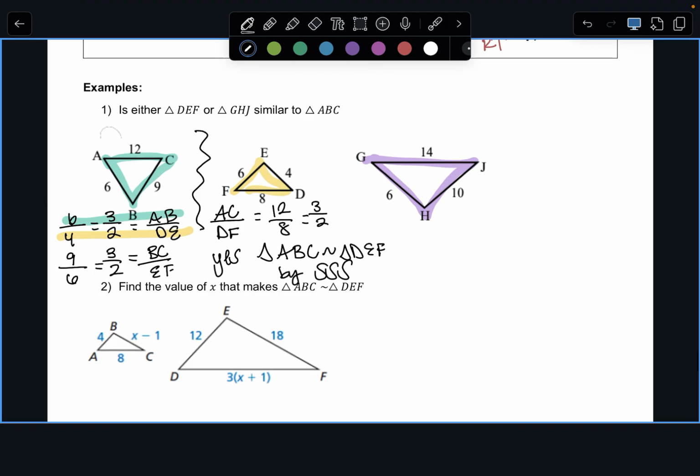Questions on that one? Okay, now we're going to check green and purple. So again, for the green, AB is my smallest side, and it's 6. And over here, my smallest is GH, and it's also 6.